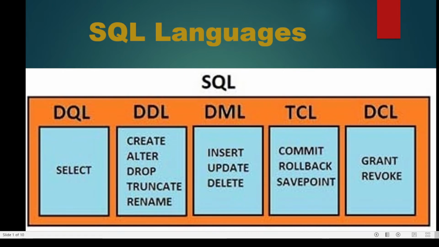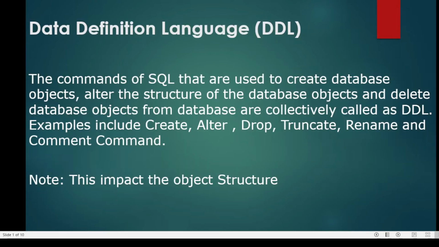Each language I will discuss one by one, and also practically how we can work with all these commands, like select, create, alter, drop, truncate, rename, insert, update, delete, commit, rollback, savepoint, grant and revoke.